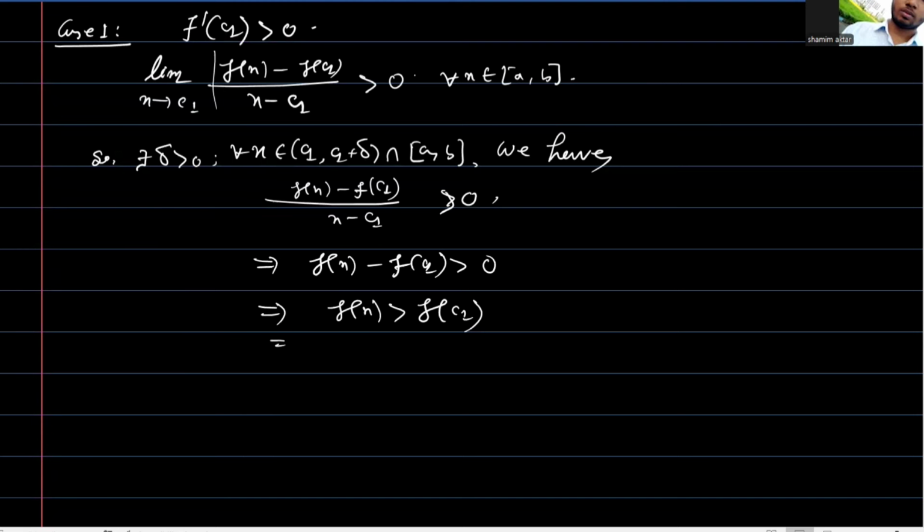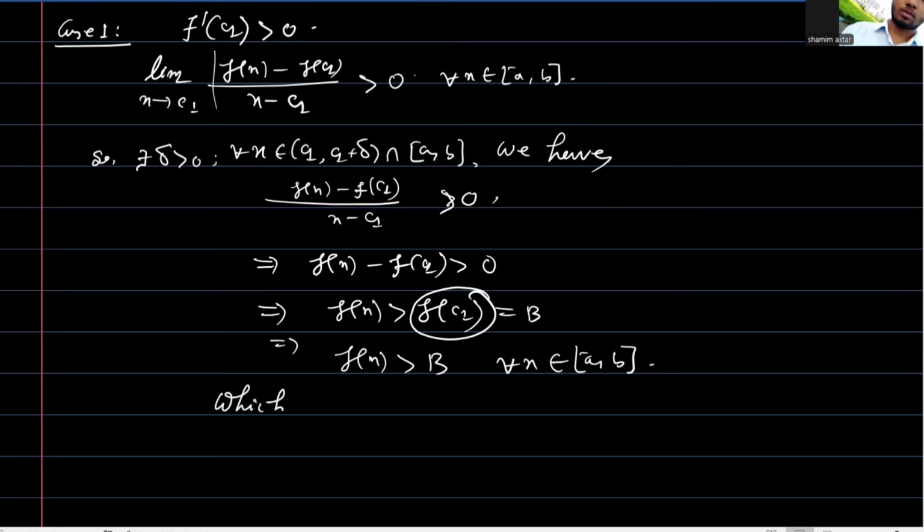But f of c1 is my supremum b, so f of x greater than b, which is a contradiction, because b is the least upper bound of f, so f of x is always less than or equal to b.